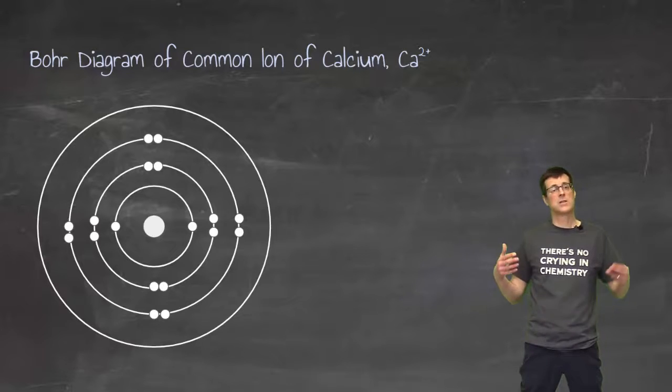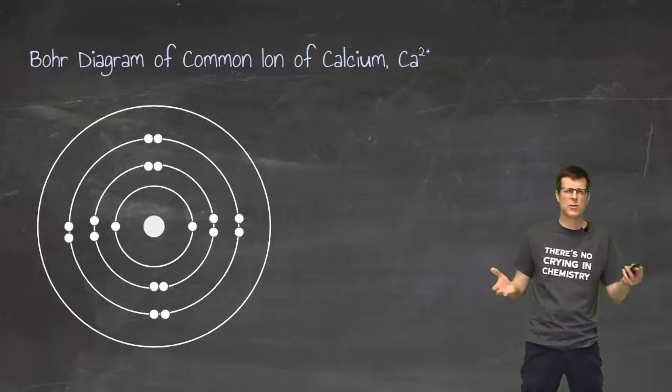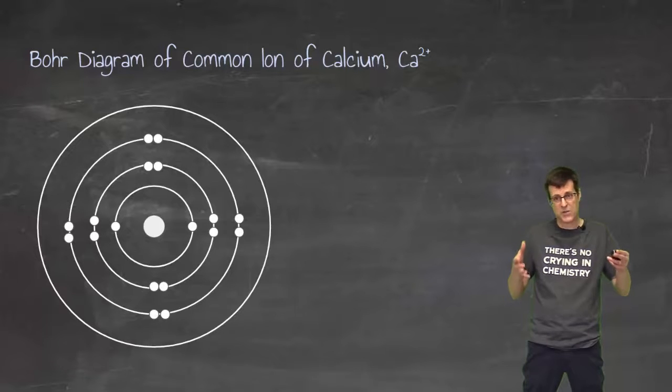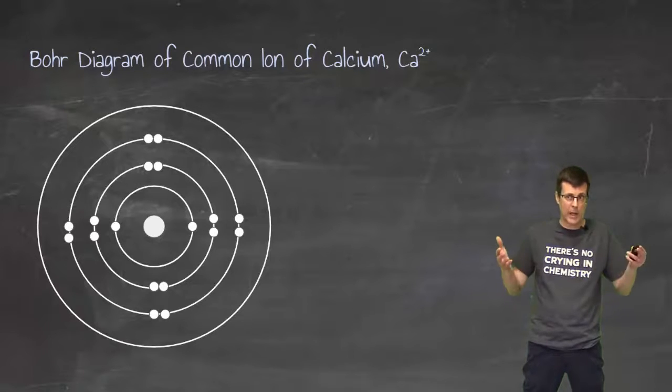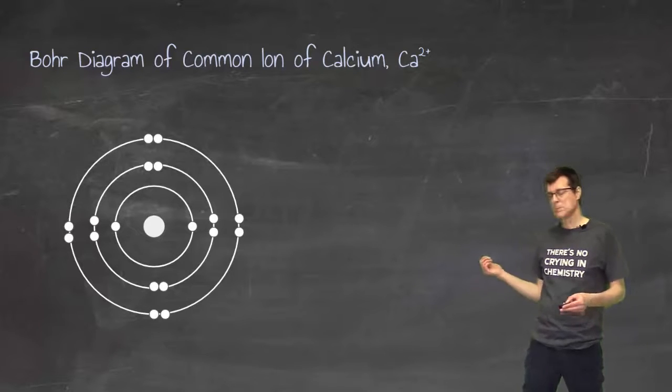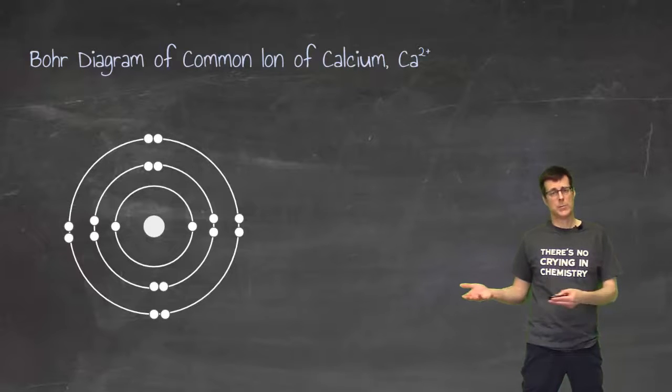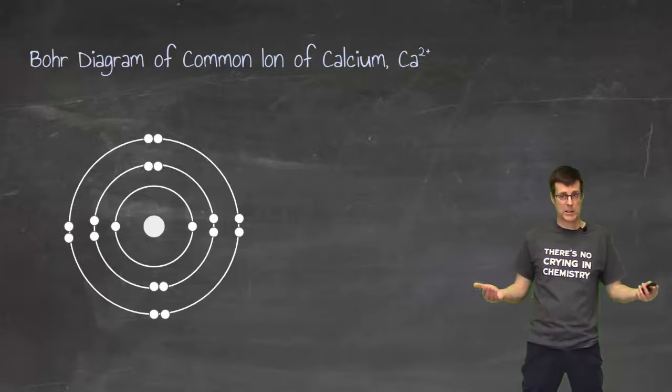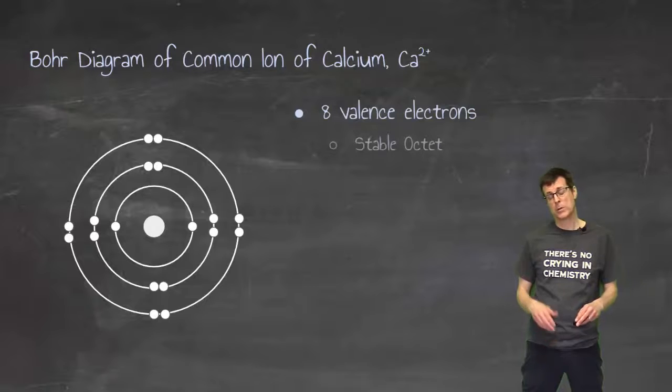Take away the electrons, that energy level. It's not a physical structure, of course. It's just an energy level. That's now gone, or at least not visible. But now I've got a stable octet for calcium, 8 electrons in the outer orbit.